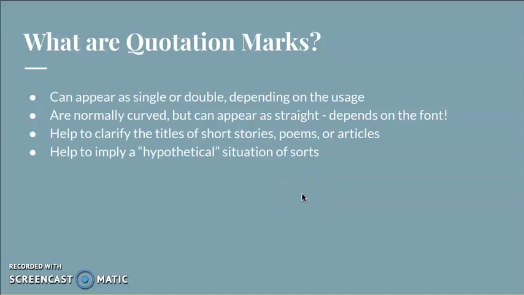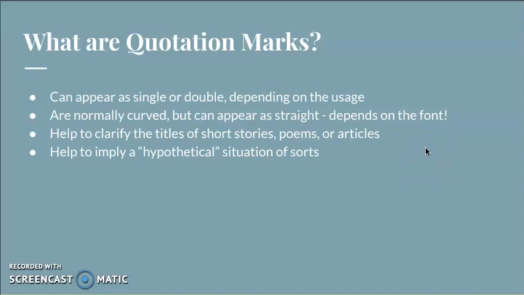Quotation marks can appear as single or double depending on how you're using them. They're normally curved, but they can appear as straight. It really depends on the font. And they can help clarify titles of short stories, poems, or articles. If you don't know what kind of title receives quotation marks, that's another thing you can look up on Purdue OWL.